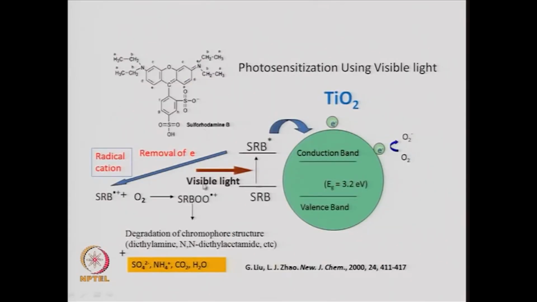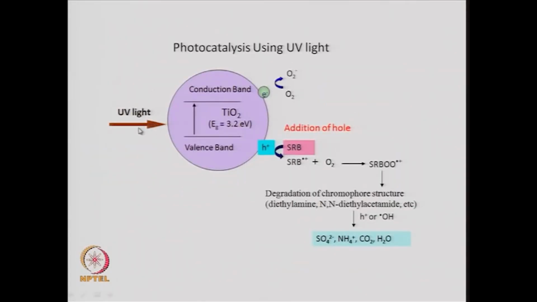In the presence of visible light, TiO2 cannot accept the radiation because of the lower energy, but the sulforhodamine B accepts the radiation. In this case, the UV region, the higher energy light is being accepted by the TiO2 nanoparticles, because it matches the energy.